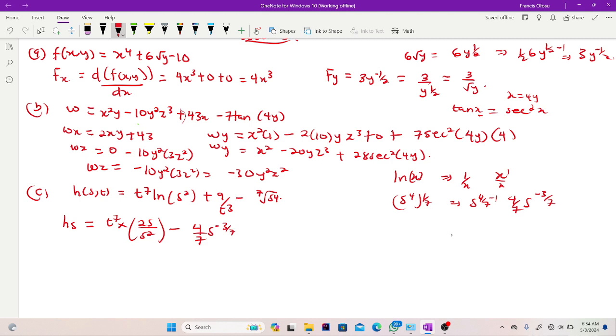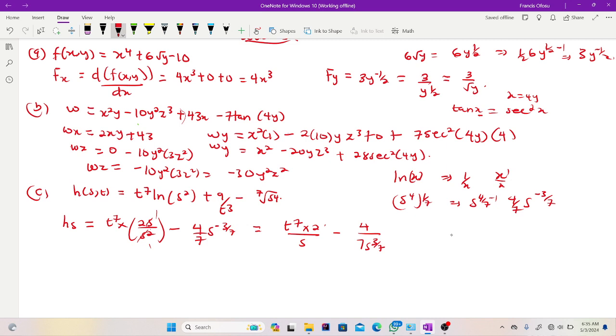So let me further simplify this. This s here will cancel this s, 1 and 1, and I'll have t to the power 7 times 2 all over s minus 4 over 7 s to the power 3 over 7, because here the power is negative, so I brought it down.